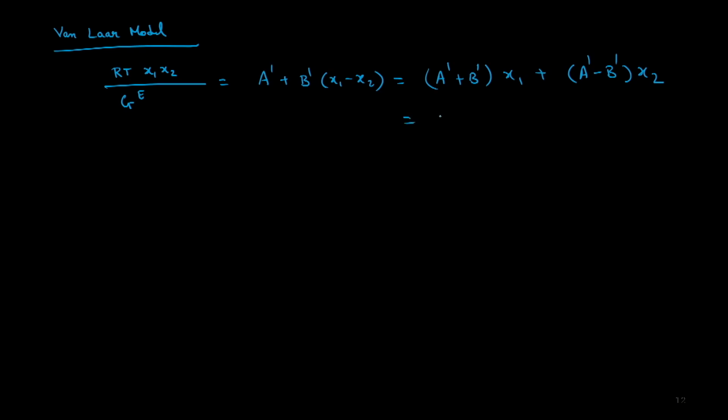And when we do that, what we have is 1 by A21 prime x1 plus 1 by A12 prime x2.